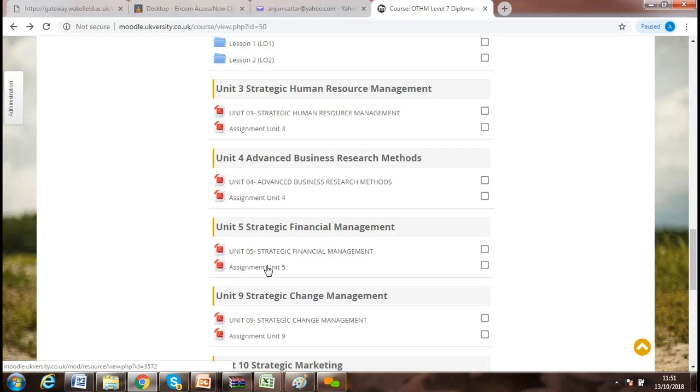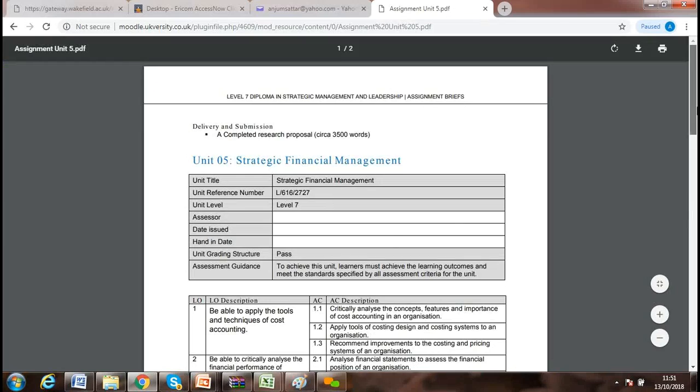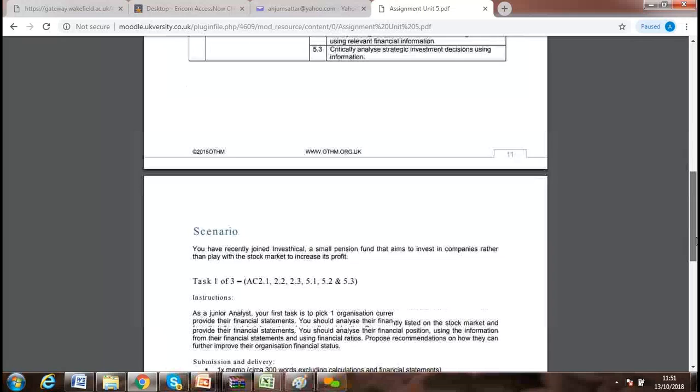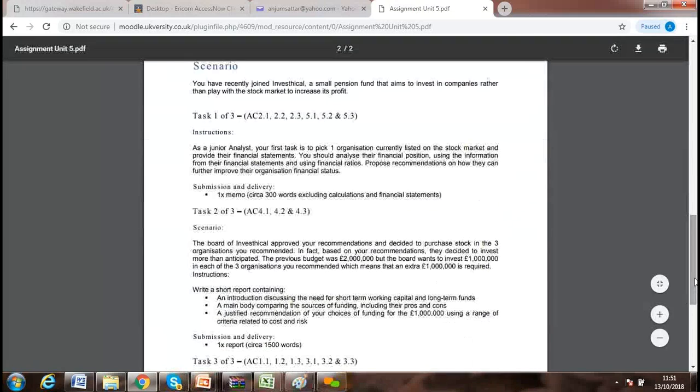I'll quickly show you the assignment, and we can contextualize our discussion according to it as well. There are 5 learning outcomes. Task 1 covers assessment criteria 2.1, 2.2, 2.3, 5.1, 5.2, 5.3, whatever you will learn under those learning outcomes.